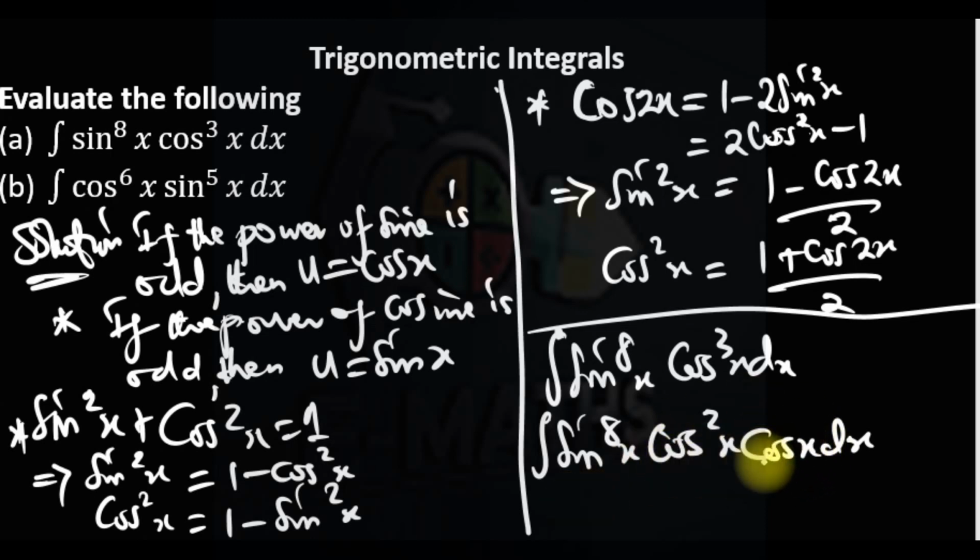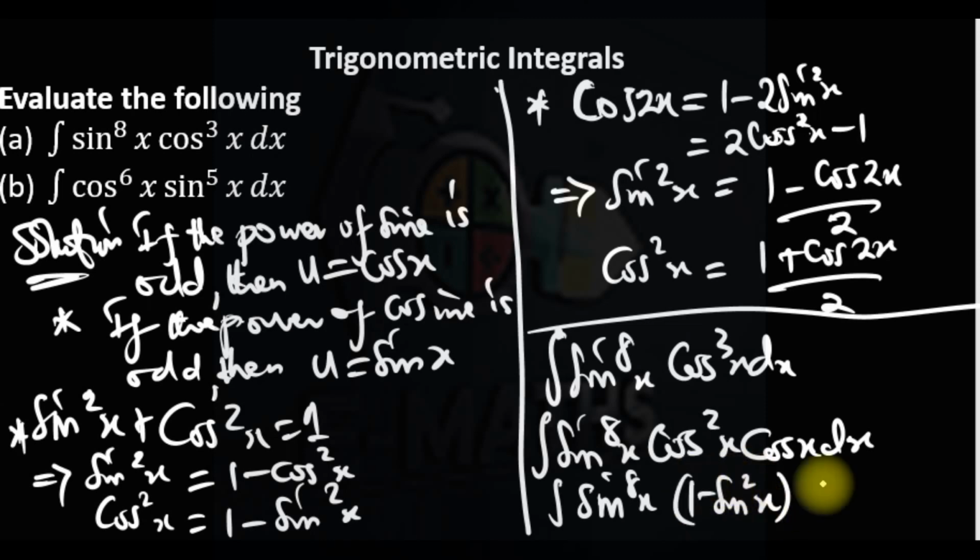That's why we need to have one factor of cosine if u is sine, and one factor of sine if u is cosine. And we need to write this, remember, in terms of sine. So we can write this as integral of sine^8 x times (1 minus sine squared x) times cos x dx.